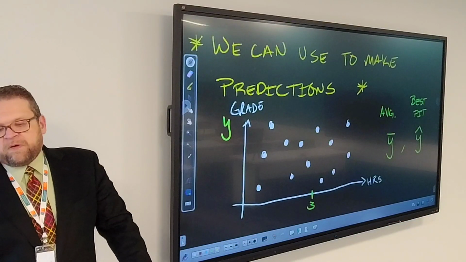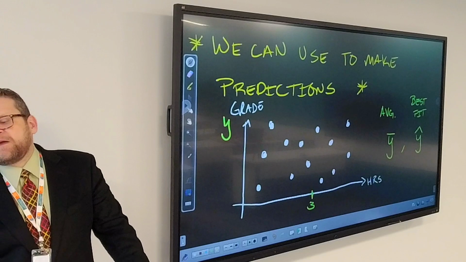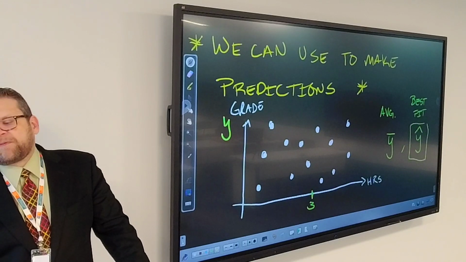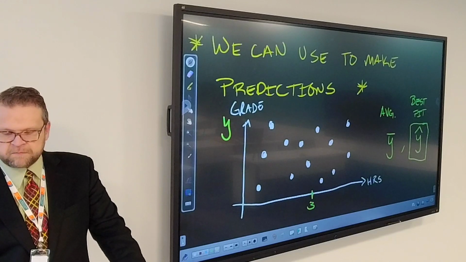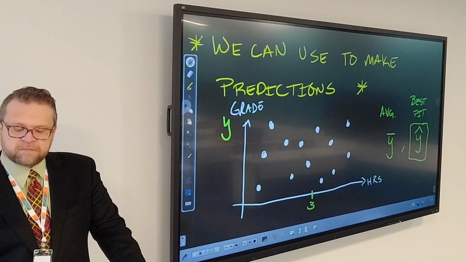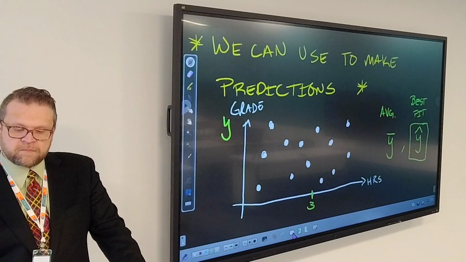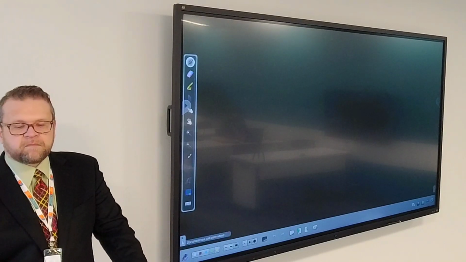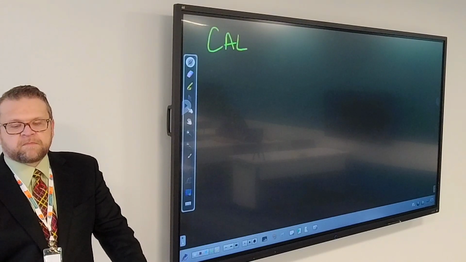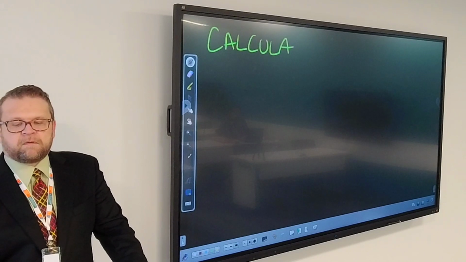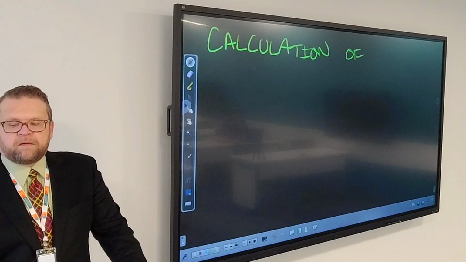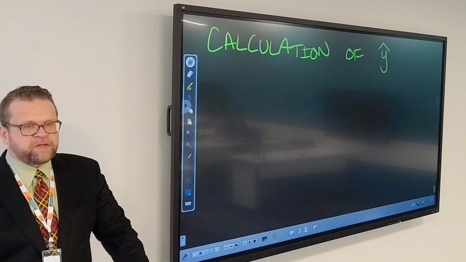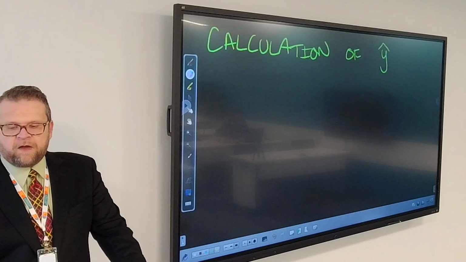But we need to know more about how this is calculated. How do they get that equation of the best fit line?